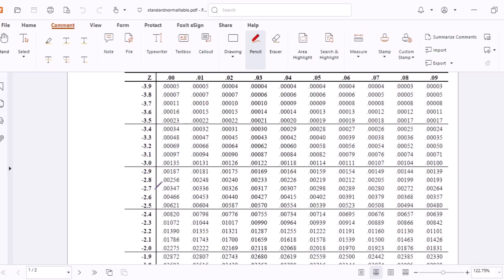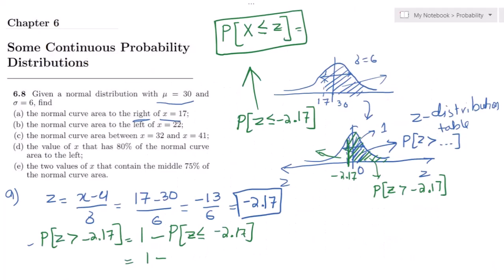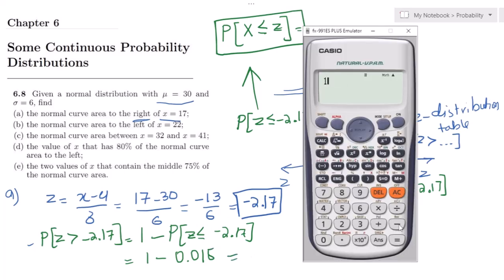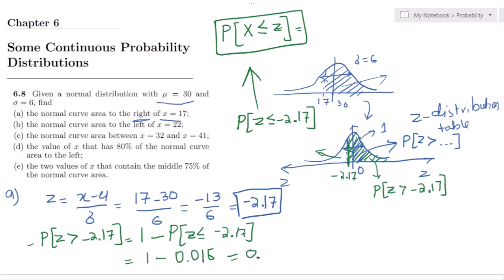This is minus 2.1 in the row, and the 7 is this column, so it is 0.015. Let me subtract it from 1: 1 minus 0.015 is 0.985, and that is the solution of part A of my question.